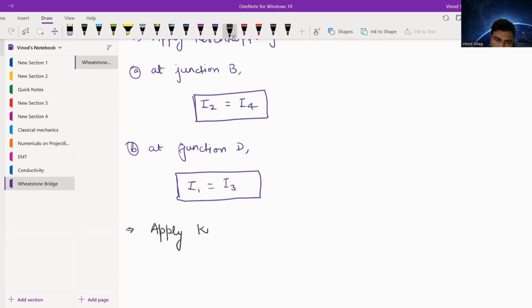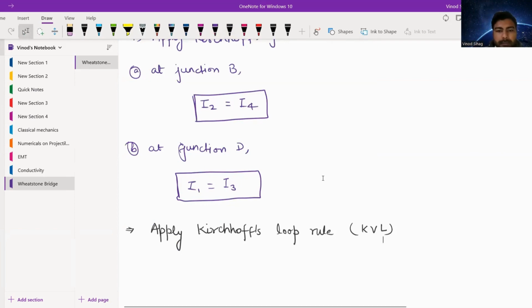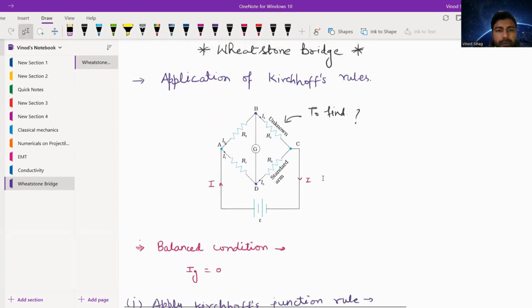Sometimes it is written as KVL also. KVL means Kirchhoff's voltage law. Okay. Now the loop we are going to decide.